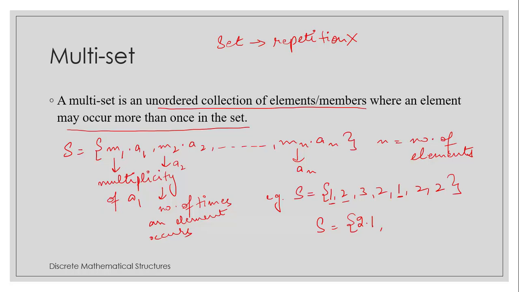Then element 2 occurs 4 times, so we can write it as 4 dot 2. Element 3 occurs 1 time, so it will be written as 1 dot 3. So this is the multiplicity of each element. This is the notation that we use to represent a multiset.